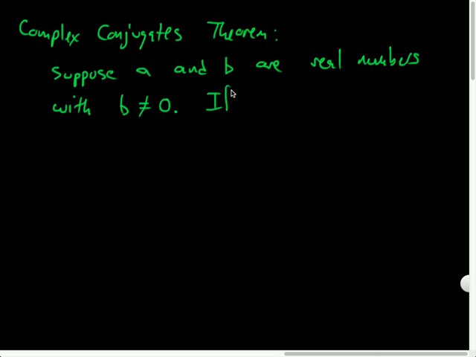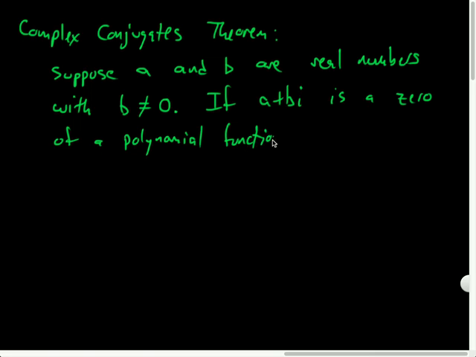For this, if A plus BI is a 0 of a polynomial function, then, get ready for this. Let's see. The name of this is complex conjugates theorem. You might be able to predict this based on the name. Then A minus BI is also a 0 of the function.